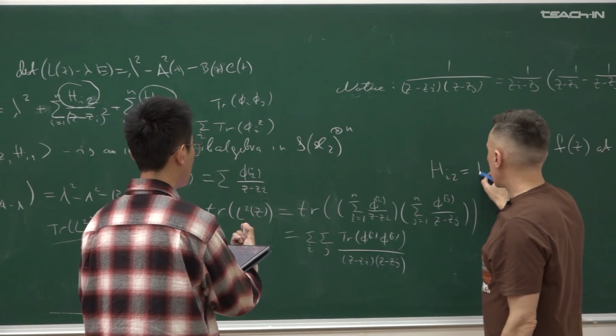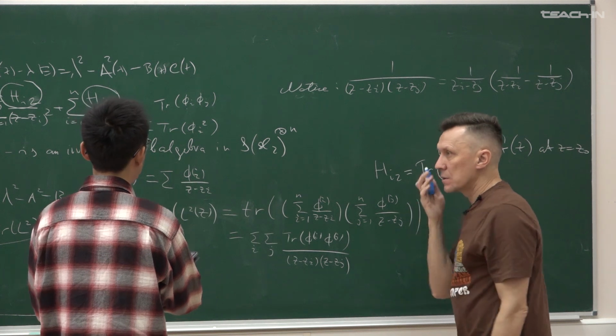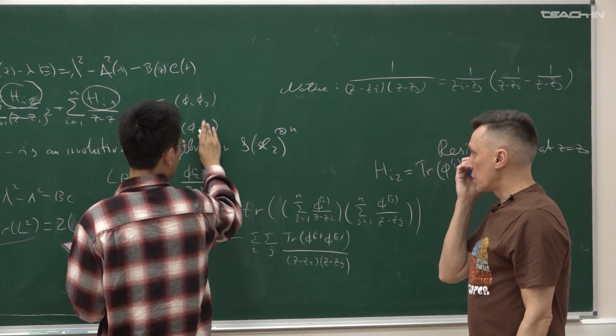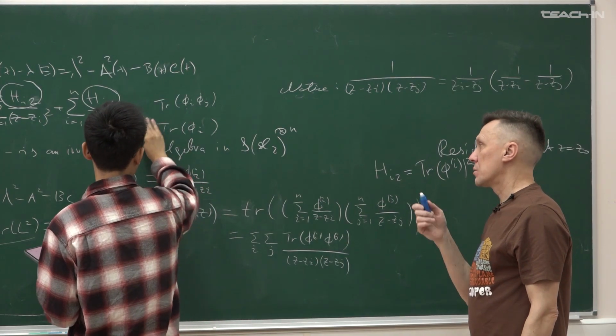HI2 is just a trace of phi I square without summation.